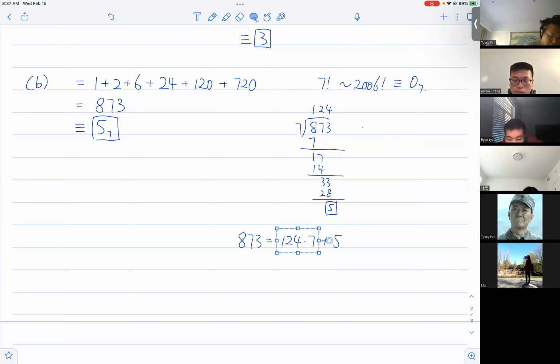If you want to find out exactly what base 7 representation of 873 is, then you need to work on this, right? So 124 times 7 is greater than 49. So you have to do like 7 squared. You're gonna figure out what number times 7 squared plus what number times 7 and plus 5, right?